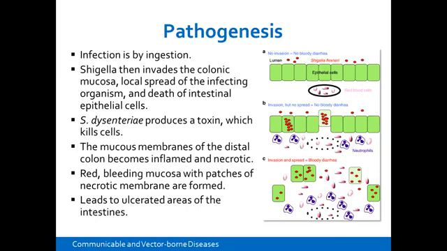And this is common for most gram-negative bacteria. They normally produce endotoxins which affect the cells. So the mucosal membrane of the colon becomes inflamed, and then it starts bleeding, with patches of necrotic membranes being formed. This normally leads to ulceration of areas of the intestines.